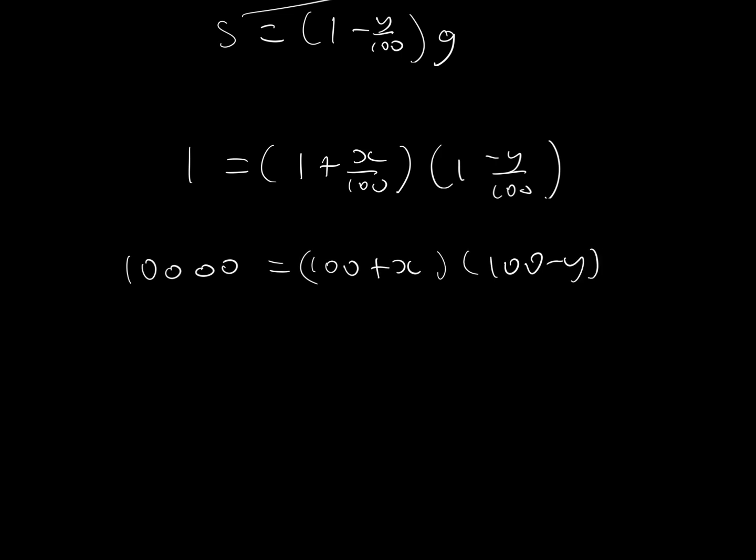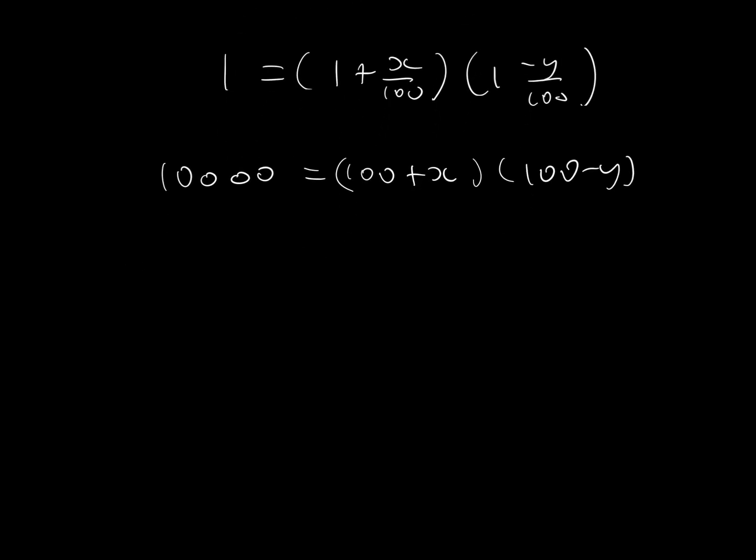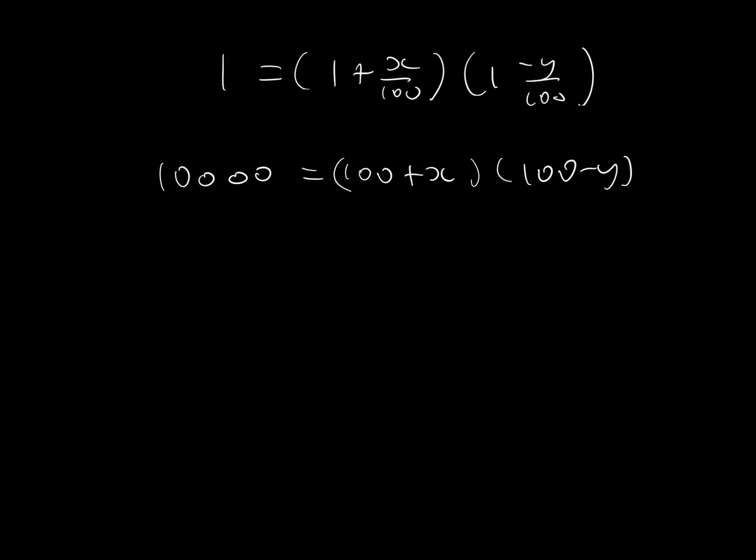Now this is just like a Diophantine equation, which we just have to solve, and it's already factorized. So what do we do? Now we can prime factorize this. Well, this is just 10 to the 4, so it's 2 to the 4 times 5 to the 4. Now using the formula to find the number of factors given factorization, we get 4 plus 1 times 4 plus 1, which is equal to 25.